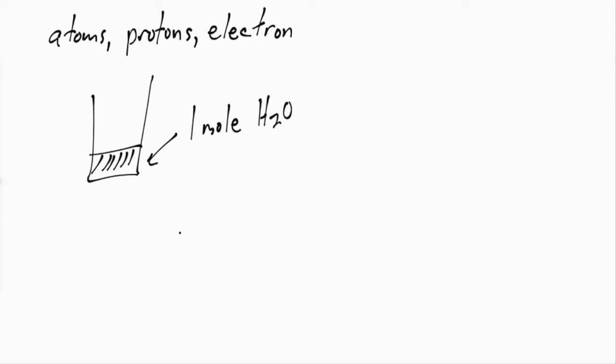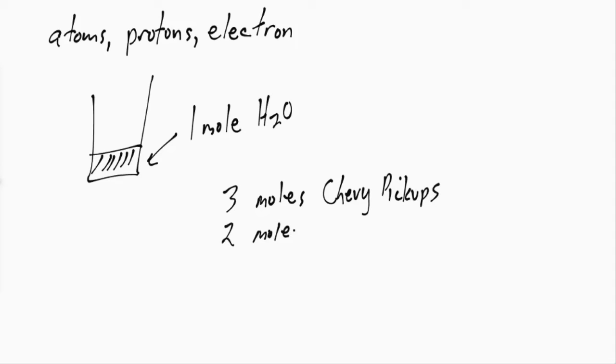Let's say, what if I had 3 moles of Chevy pickup trucks, and I had 2 moles of Honda Accords. Now, I'm going to give you a couple questions. Here's question number 1.